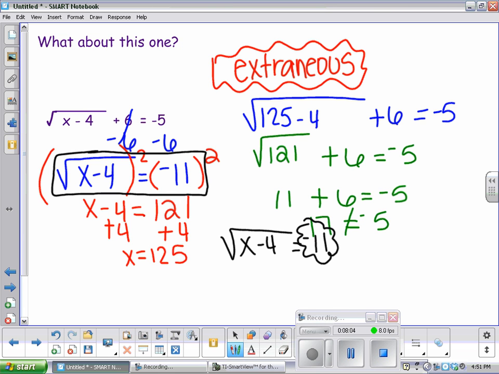That was kind of a red flag for us, because when we take the square root of a number, we get a positive. So getting a negative is not possible. So this told me we were going to have an extraneous solution. And anytime you get an extraneous solution, you can just write no solution to the problem.